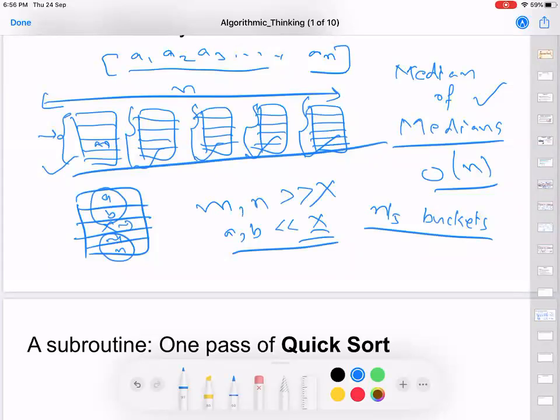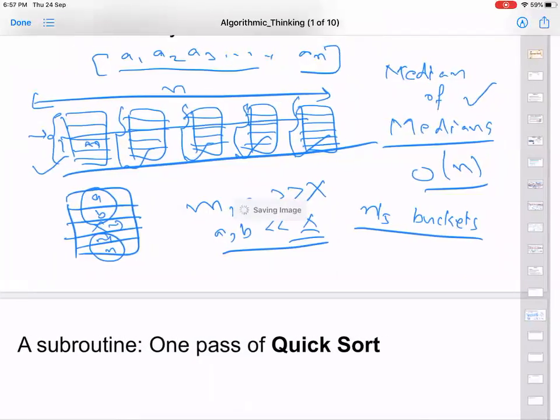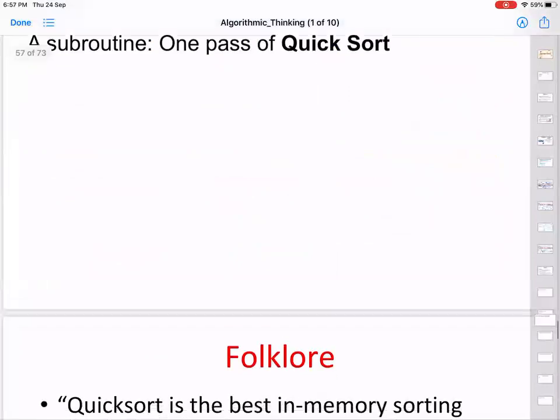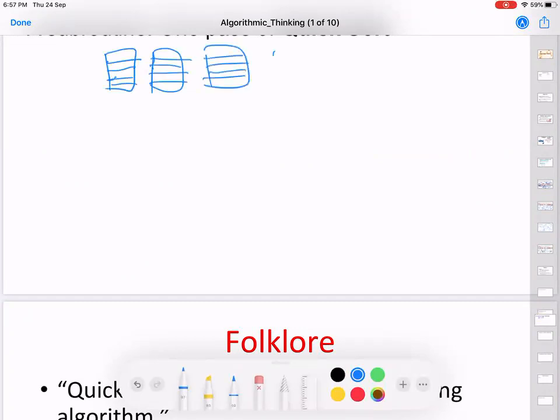let me just make it more clear. After you have done the sorting, or the arrangement that I asked you to do, for each of these buckets of 5 elements, you pick up the middle element from each bucket and find the median recursively.